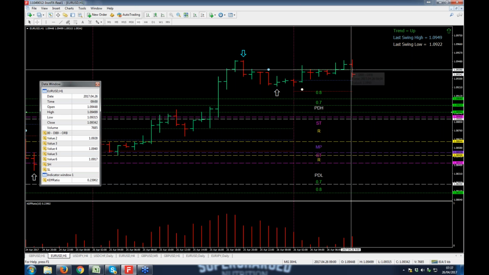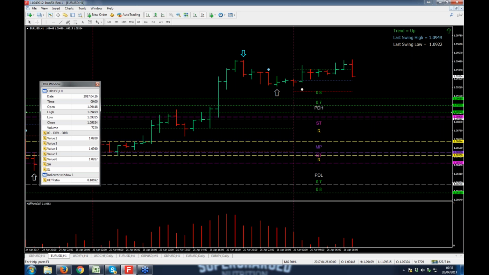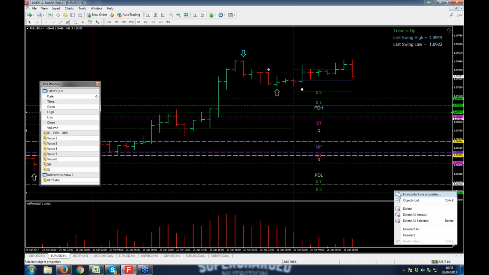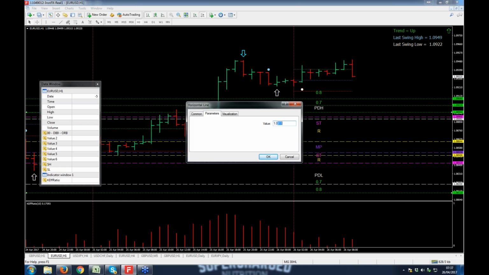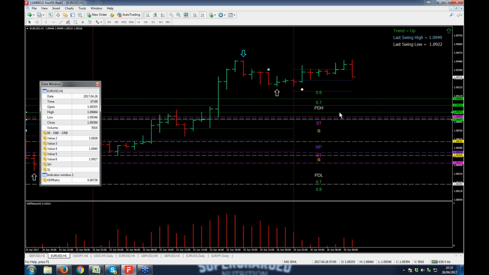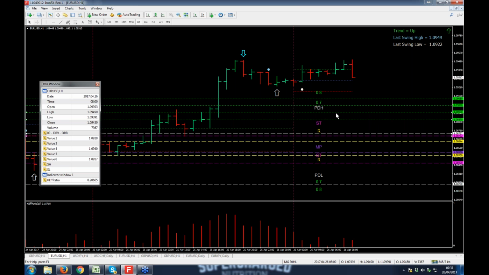So let's go ahead and draw in the 0.8 as well, 10950. Take away 63, so that's 10887 this time. So we've got the ATR there to the downside. What I'm going to do is just move the other lines out of the way just a little bit. There we go. So you've got the 0.7 ATR there.